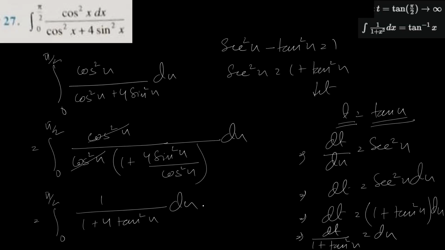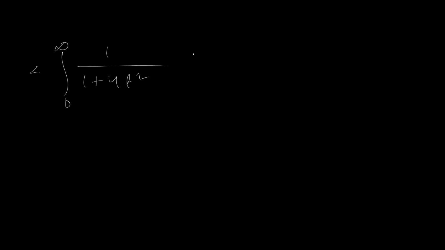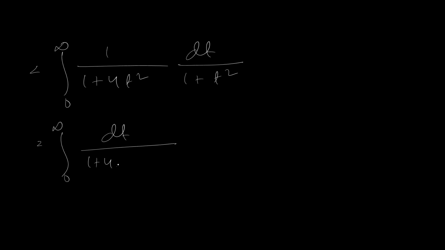If I write it nicely, from 0 to infinity I will get dt by 1 plus 4t square into 1 plus t square. So this is what I got.